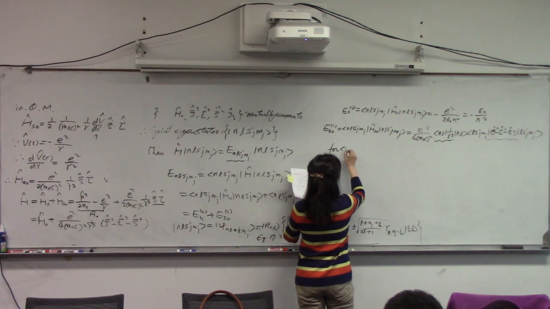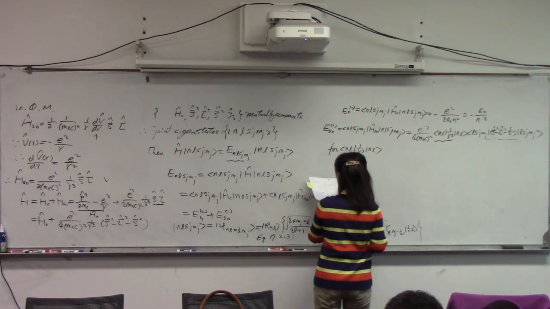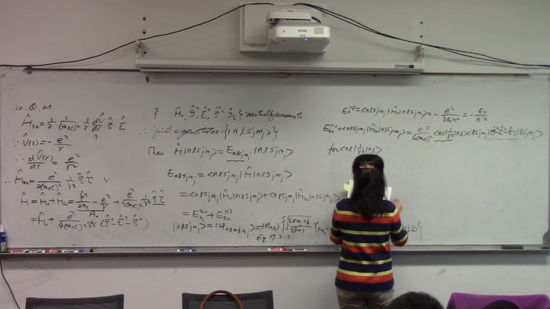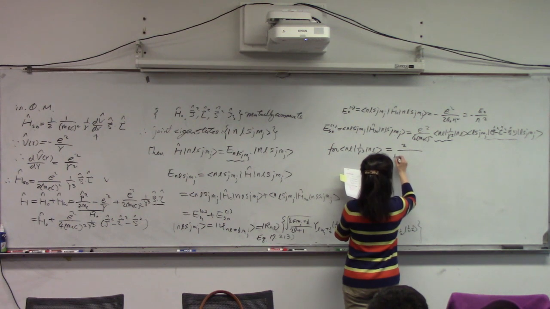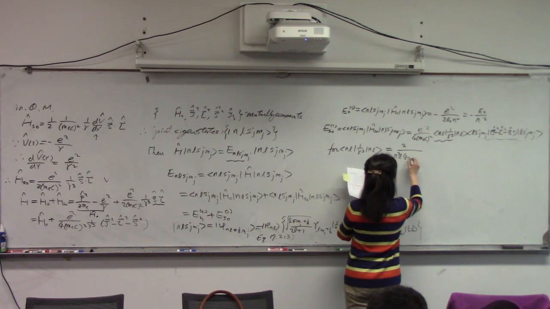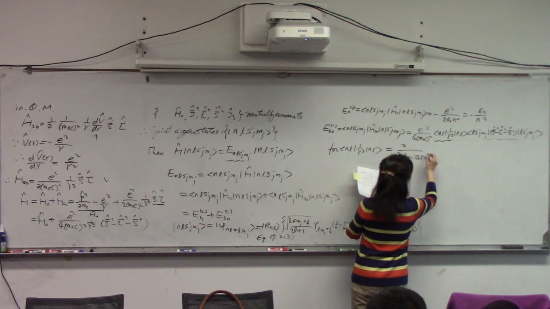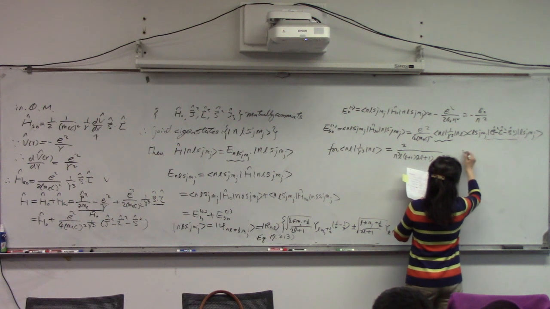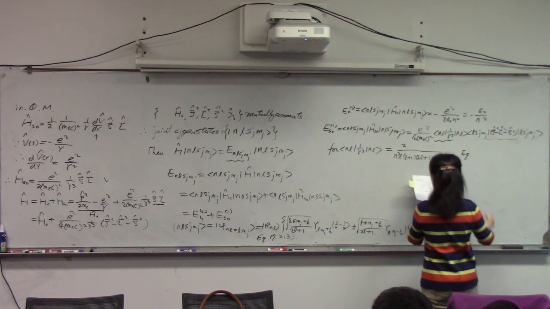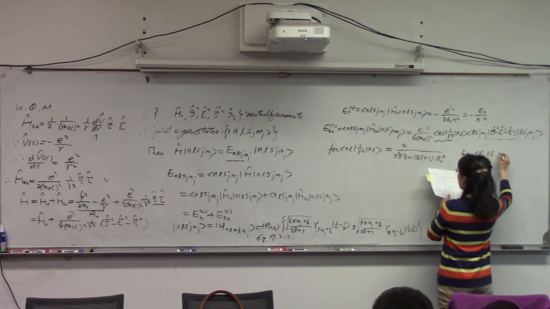For this one, the radial part equals 2 over n cubed l, l plus 1, 2l plus 1, a naught cubed, with this equation in chapter 6, that is 6.184.